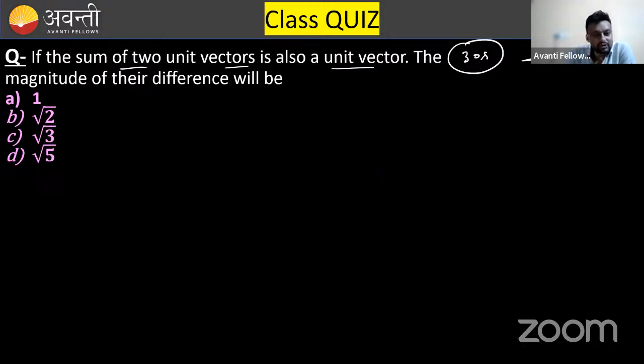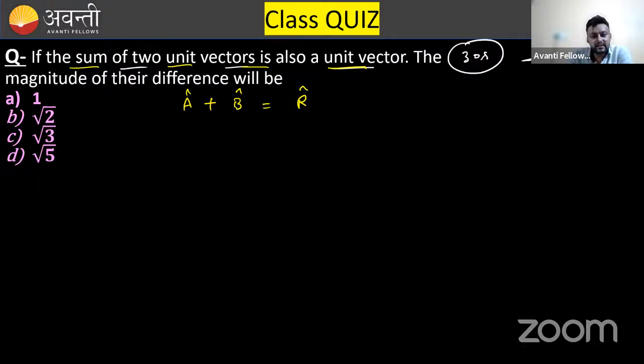Okay. The question says the sum of two unit vectors is also a unit vector. Let's suppose there are two unit vectors, A and B. And the sum of these two unit vectors is also a unit vector. Let's suppose it is R. Clear?